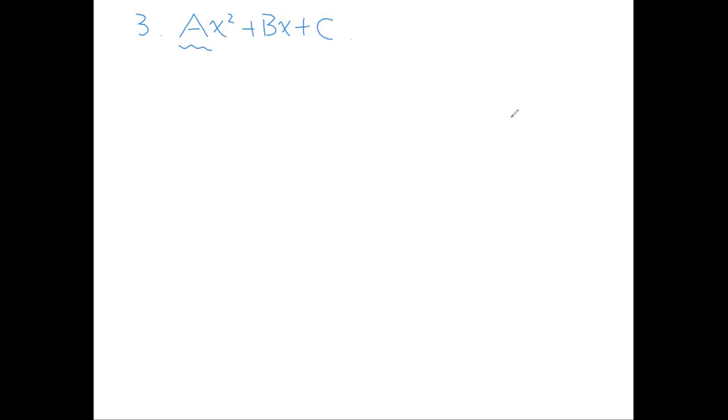For this one, we can factor it as ax plus b times cx plus d. And it is more complicated, right? We need not only to factor this c, but also to factor this big A. It is more complicated.